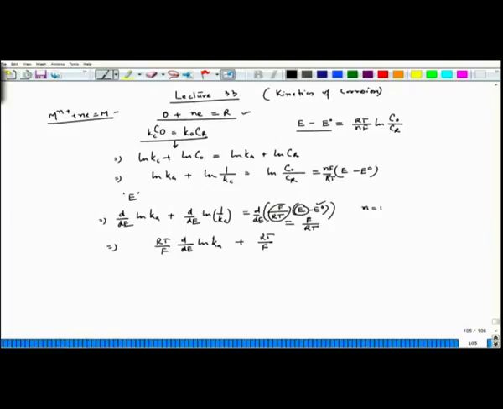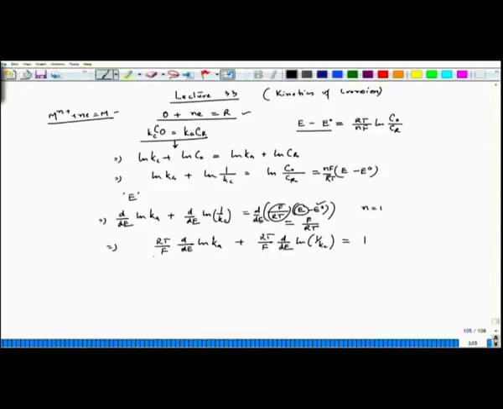So del E by del E of E is equal to 1. So this goes to 1, and the sum would be equal to 1.